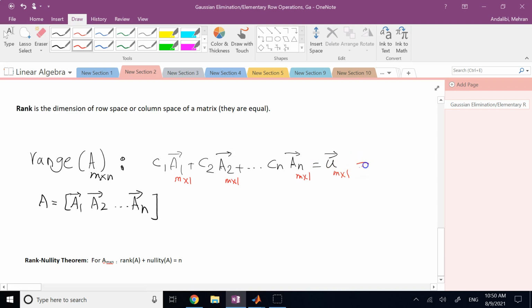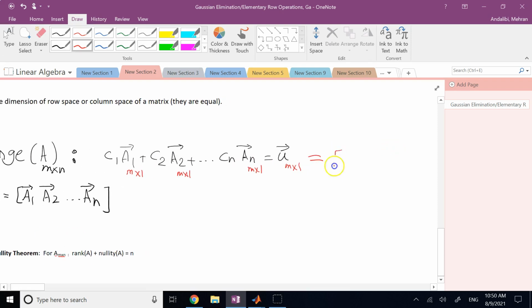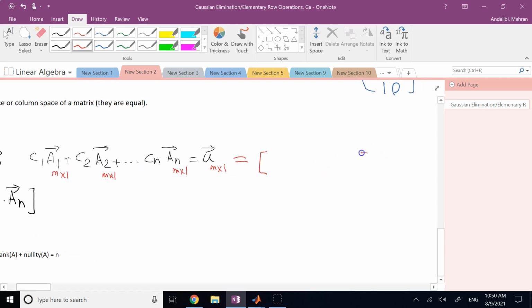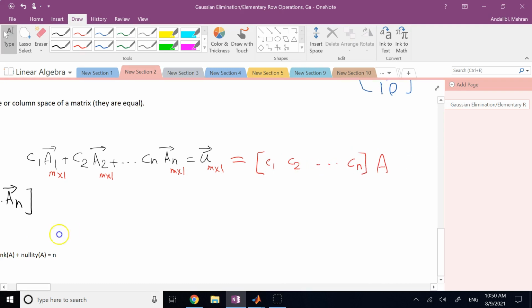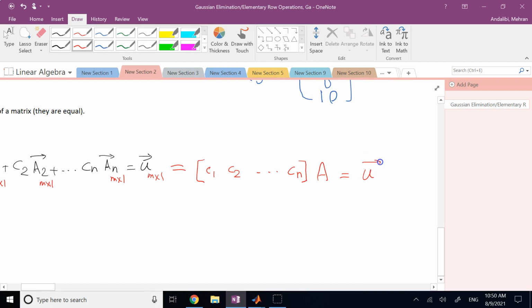And this can also be written as a coefficient vector C times A, where this is C1, C2, all the way to Cn. This is called U. Correct? So this coefficient vector, not matrix, although vector is a matrix, this coefficient vector C1 to Cn multiplied by matrix A is U. This is the definition of the column space.